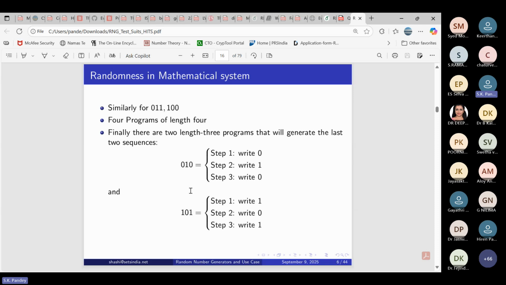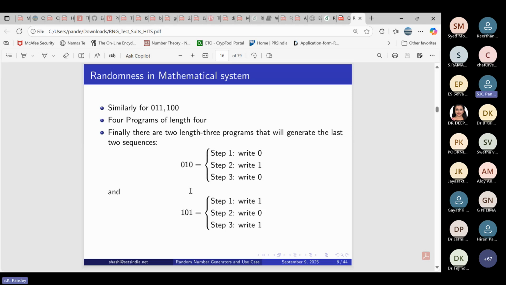So if you see 010, then it has to be defined in 3 set of rules. Step 1 is write 0, step 2 is write 1, step 3 is write 0. So whatever the previous choice you have done, using the same choice, you need 3 steps to define 010. Similarly, 101 is required to be 3 steps.